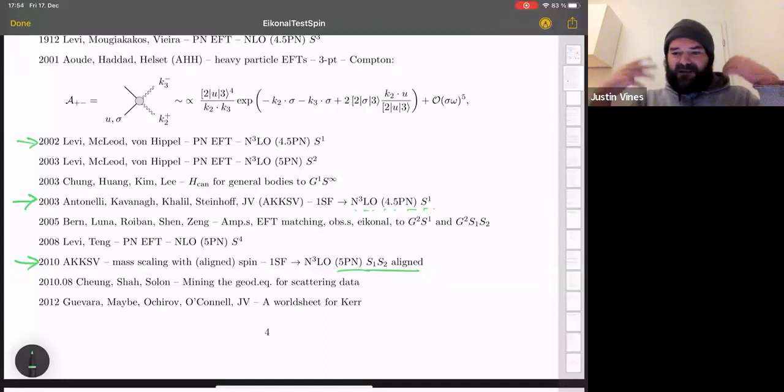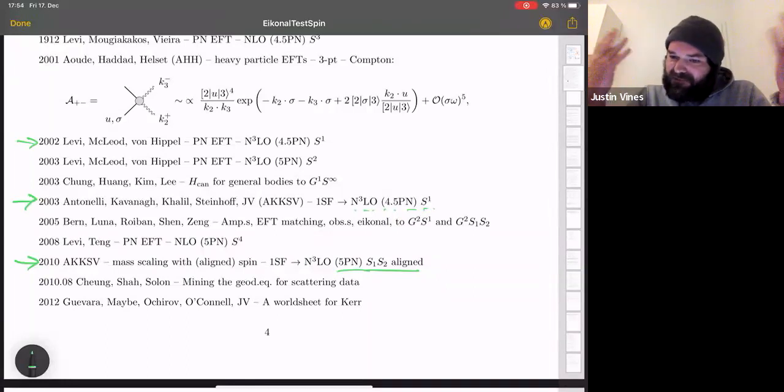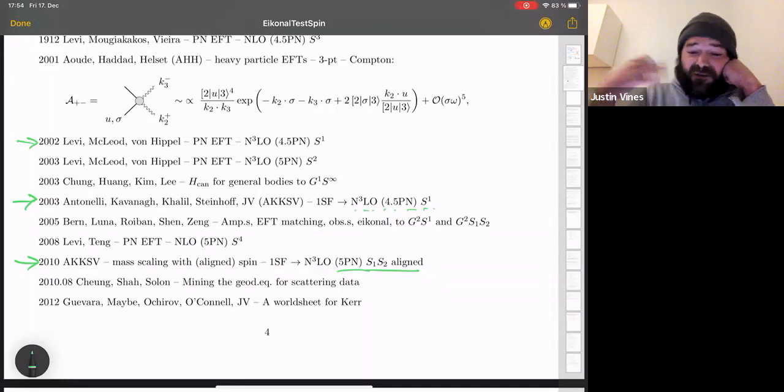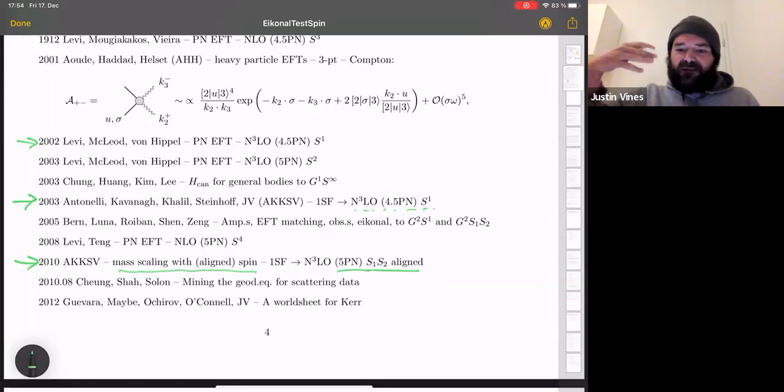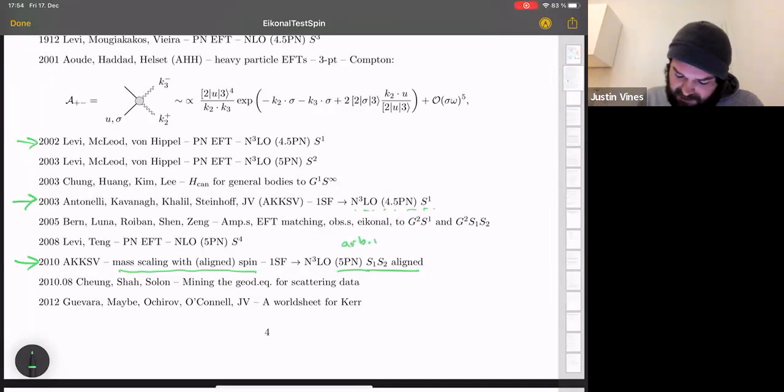Again, this was using the so-called Tutti Frutti, if you will, or arguing for the polynomiality in the masses, as some people were calling it yesterday, or the mass scaling with aligned spin, using first order self-force black hole perturbation theory results to try to predict the results for arbitrary mass ratios, arbitrary masses.